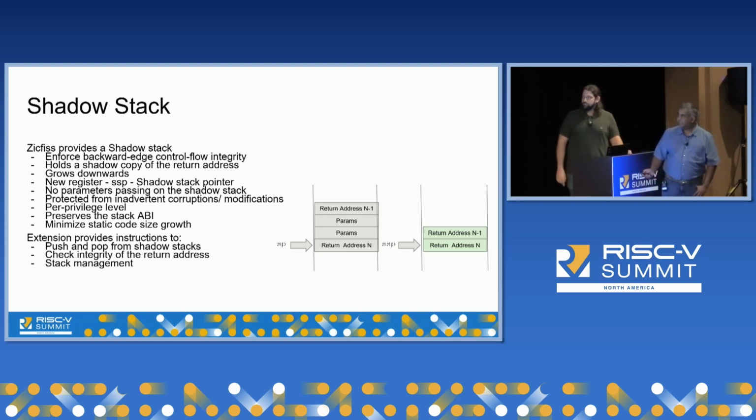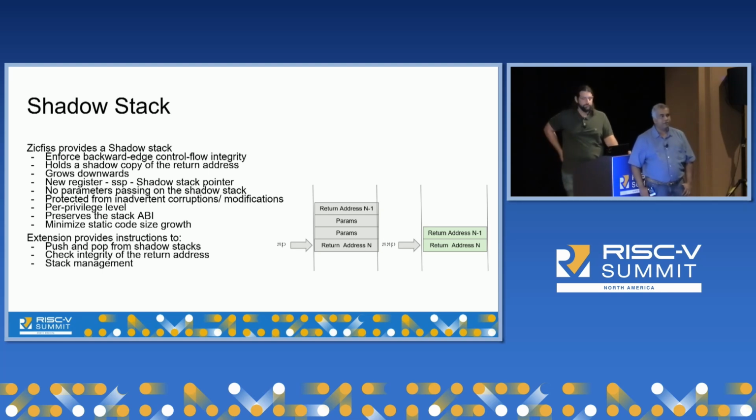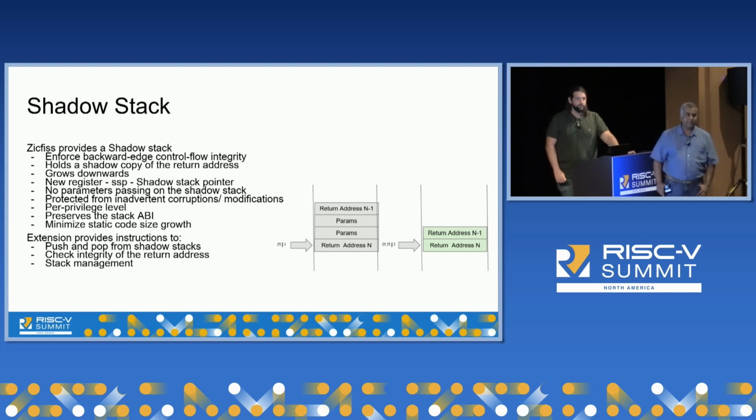There's a virtual memory extension for shadow stack that defines a region of memory as a shadow stack. And the shadow stack memory has this property that only shadow stack instructions can write to that memory, and regular non-shadow stack stores are not allowed to write to that memory.